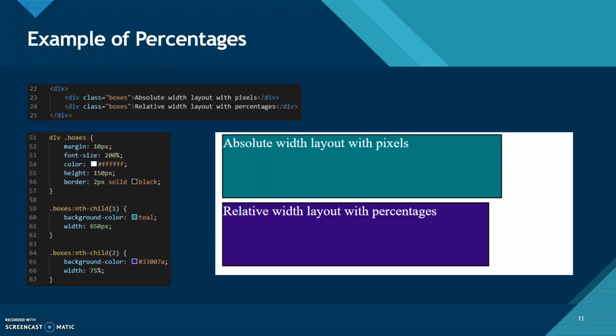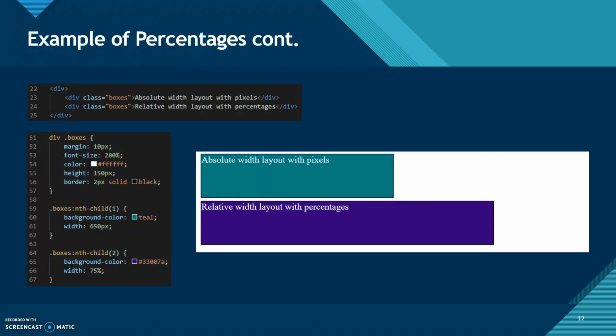The next slide will show how that changes with the width being in percentages. So you can see that as the screen got larger, so did the box with the percentages. It'll just be the percent, it'll take up, in this case, 75% of whatever I have the viewing window as.